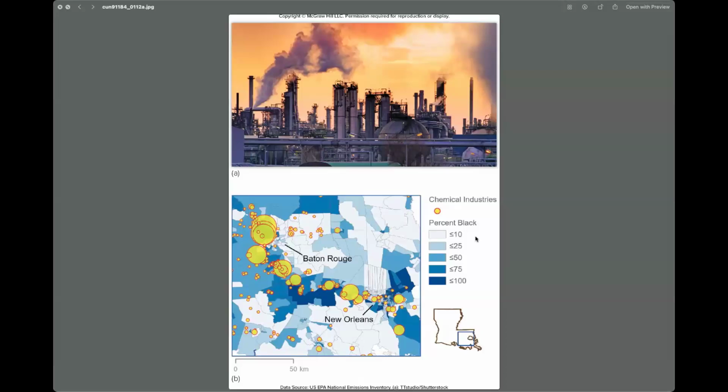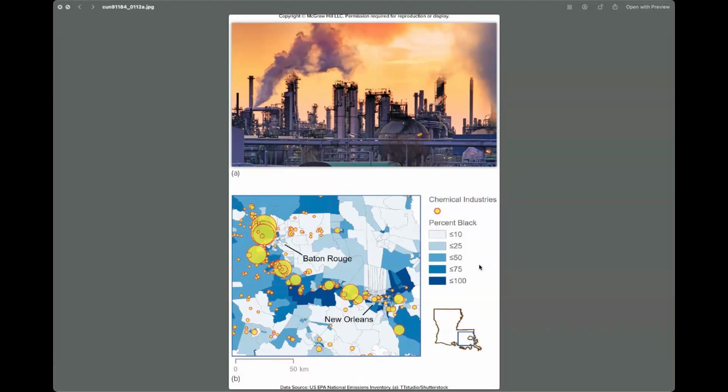So here what you see is Cancer Alley. This is a region near New Orleans. Actually, it's Baton Rouge that finally the EPA is looking into. The fossil fuel industry basically owns Louisiana. The children in school get textbooks written by oil companies touting the great oil and gas resources of Louisiana.